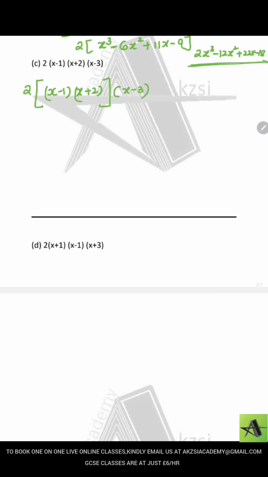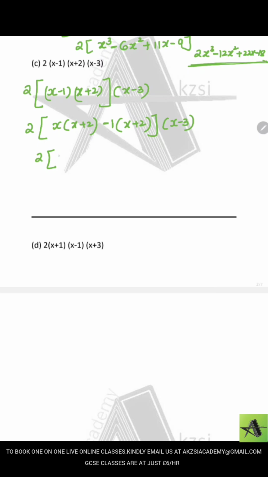Solving what's there inside the bracket, we'll get x times x plus 2, minus 1 times x plus 2. Now this term with x plus 2 I'm multiplying. So minus 1 times x plus 2, times x minus 3, and 2 outside. Now solving what's there inside the big bracket.